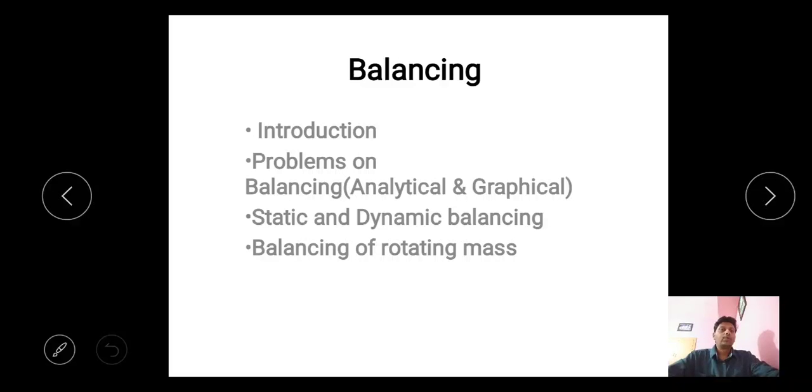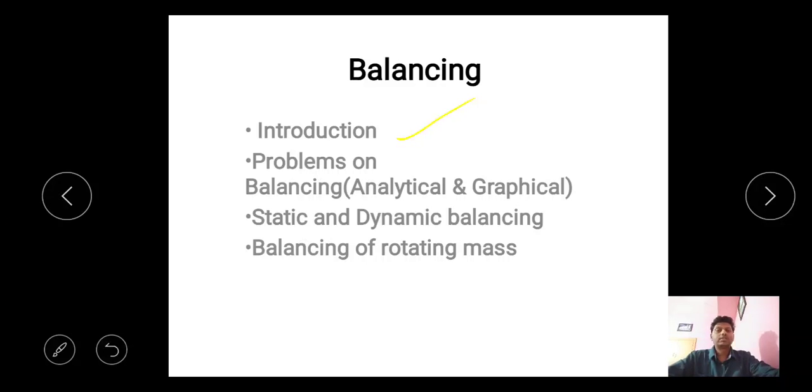marks. Now we'll be going ahead with the next chapter, that is balancing, which consists of 10 marks theory and 10 marks problems. In this whole balancing chapter, we are studying first what is balancing.